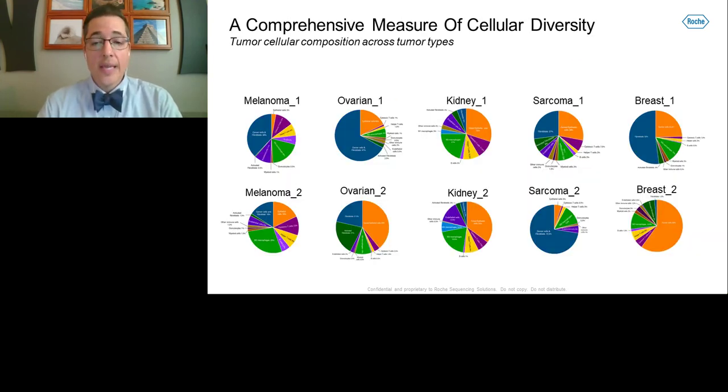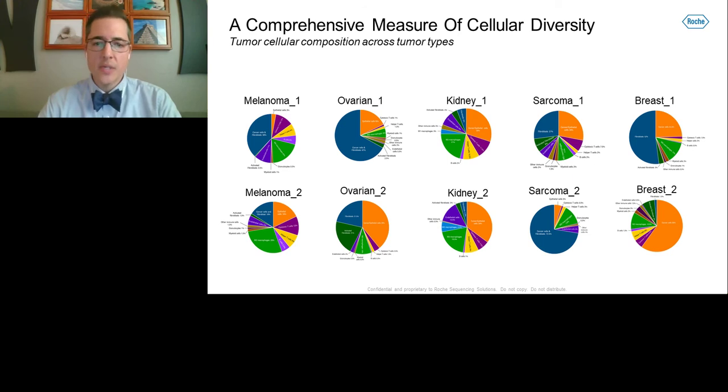Here are a handful of cases that have been processed from a clinical feasibility study run at the Royal Marsden with Sam Turajlic as the PI. We are looking at melanoma, ovarian, kidney, sarcoma, breast. This is a pan-cancer study, and it's really looking at the feasibility of homogenizing solid tumors.